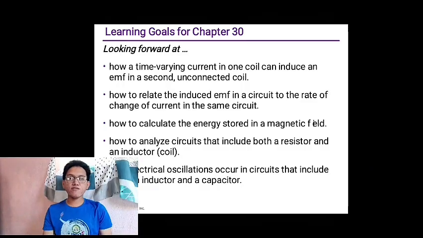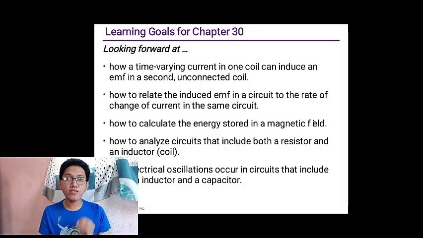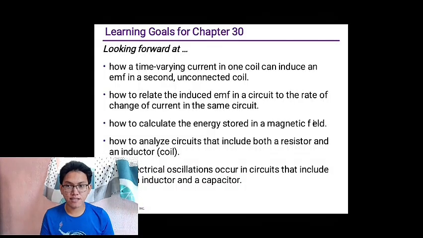So let us first look at the learning goals for chapter 30. At the end of this lesson, we should be able to, first, explain how a time-varying current in one coil can induce an EMF in another nearby coil, a phenomenon called mutual inductance. Second, relate the induced EMF in a circuit to the rate of change of current in the same circuit, which is called self-inductance.